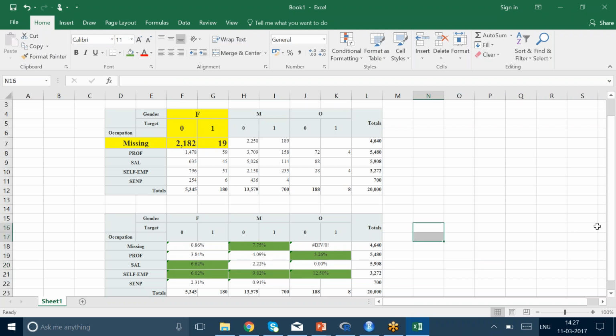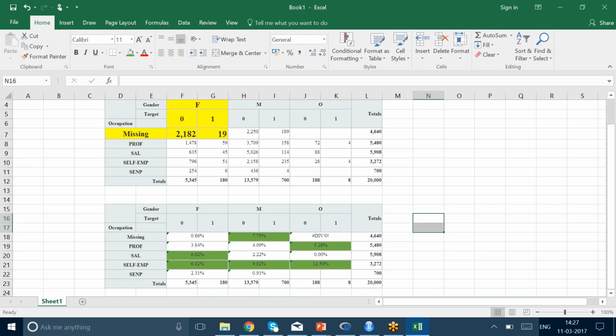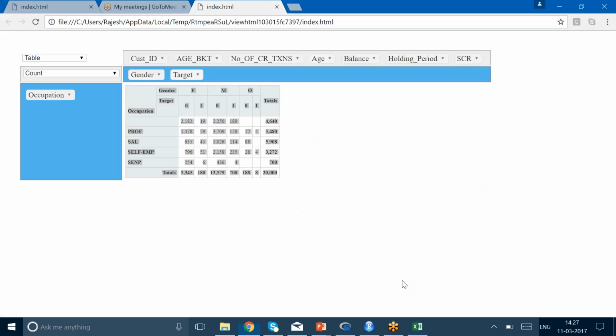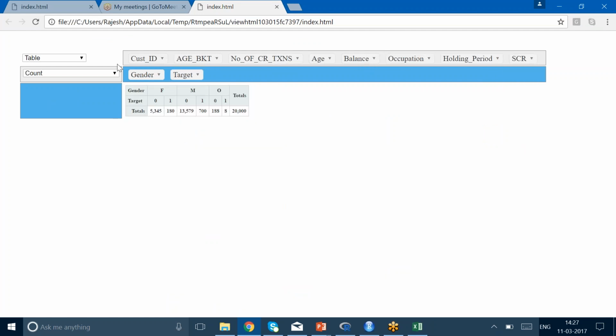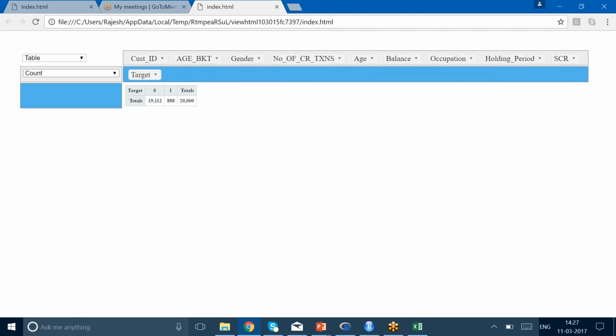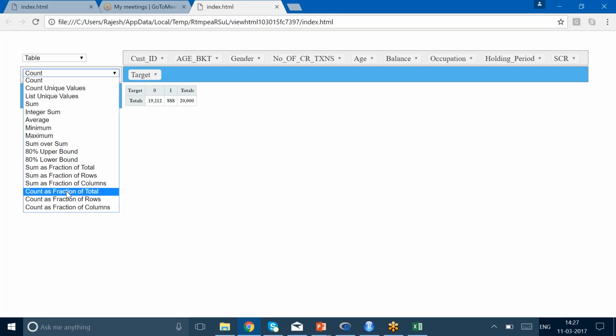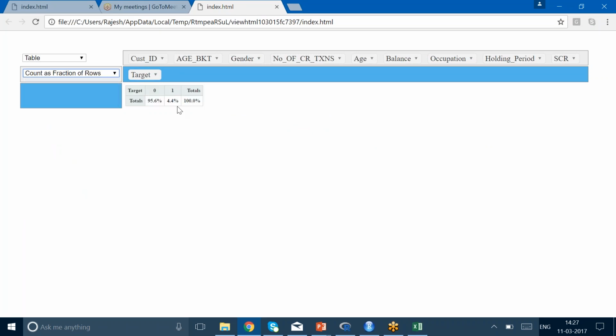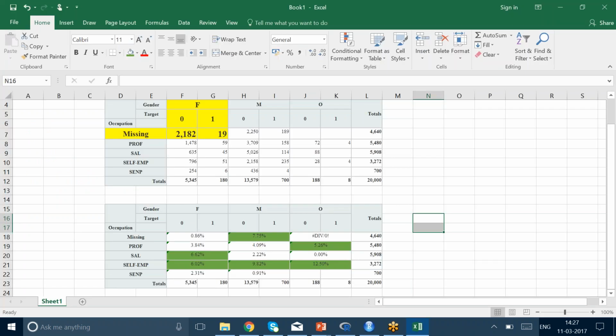How do I know what is the average? I know if I remove all of them, say occupation, gender, count as a fraction of rows, it is 4.4. Of the total data, 4.4% are responders. When I see 2 dimensions, I can see that. Now if I want to go to 3 dimensions, what do I do?